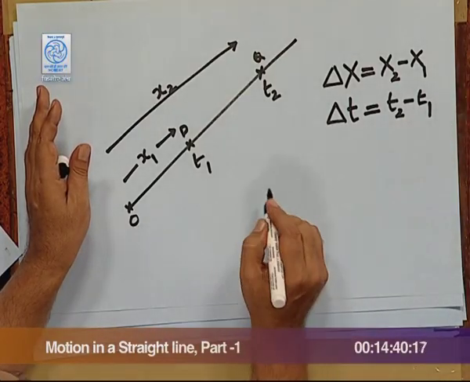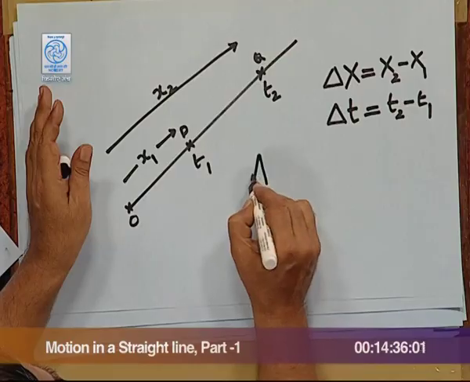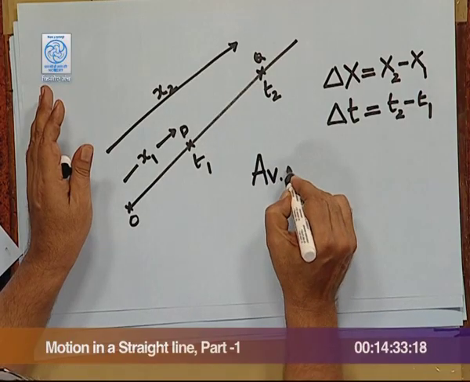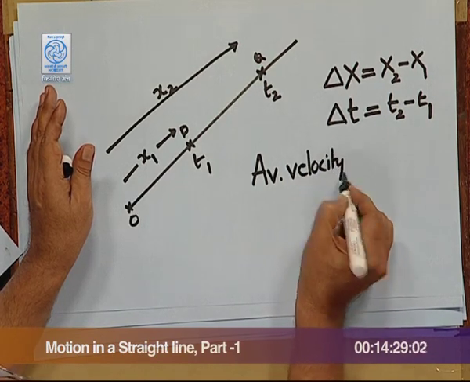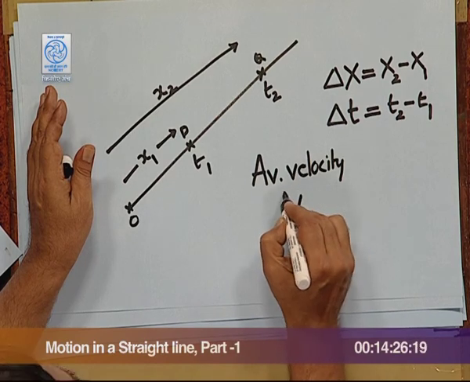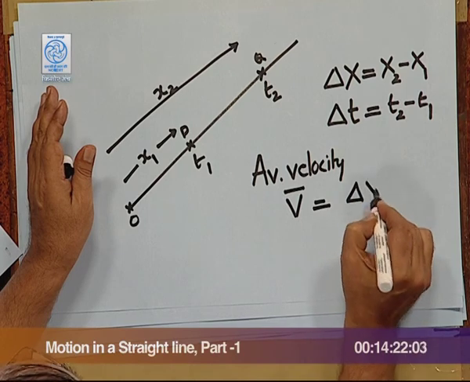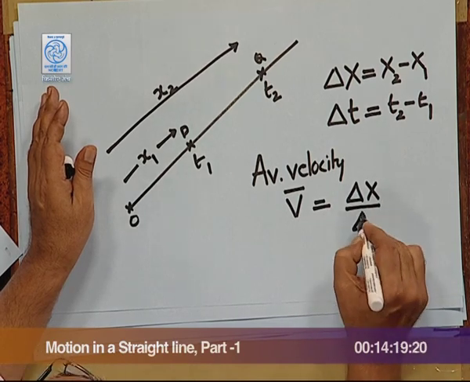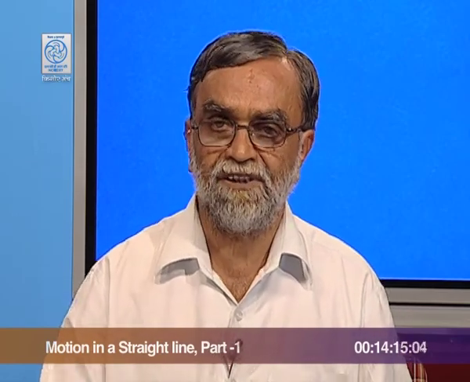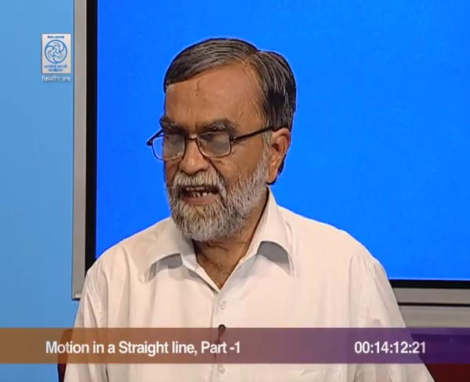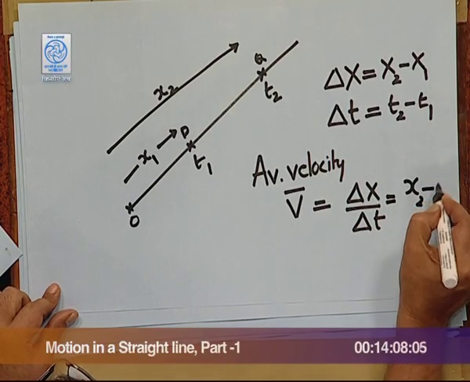We define a quantity called average velocity for this interval, represented by V bar, as delta x by delta t. So, the average velocity in the interval t1 to t2 is represented as x2 minus x1 by t2 minus t1.